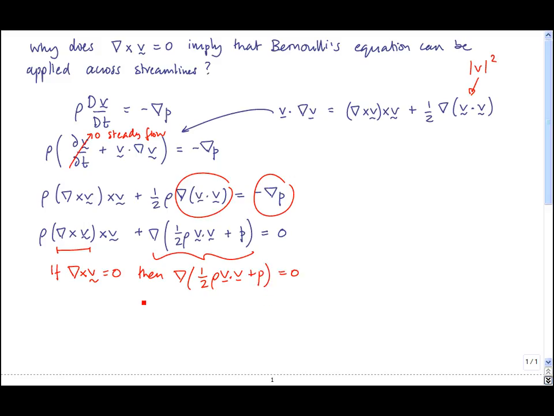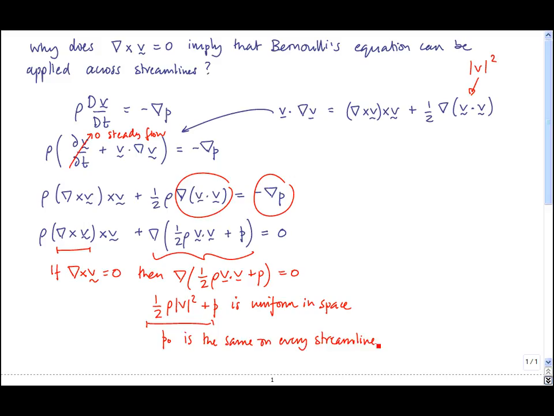In other words, the quantity a half rho v squared plus p is uniform in space in every direction. And this is just the stagnation pressure P0, and if I'd included gravity, it would be the total pressure Pt. So what we have is that the stagnation pressure P0 is the same along every single streamline.